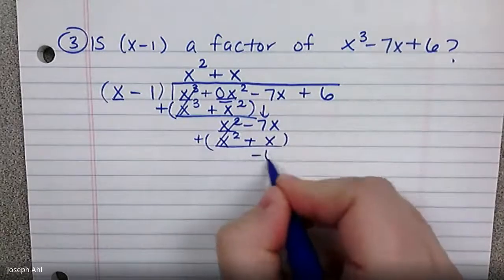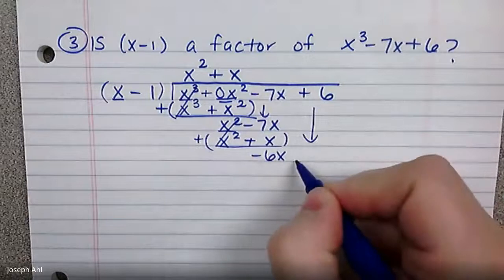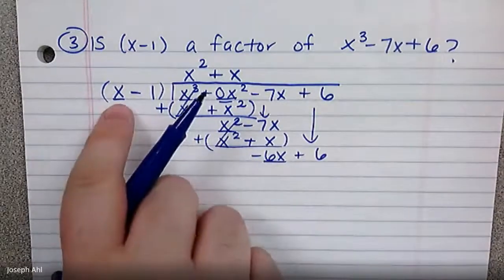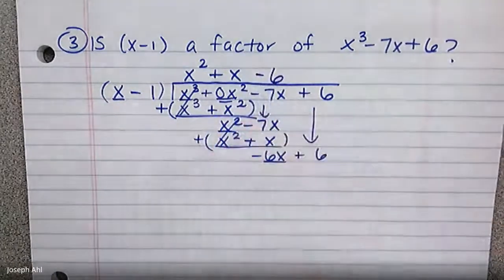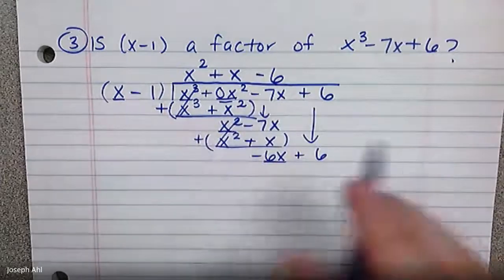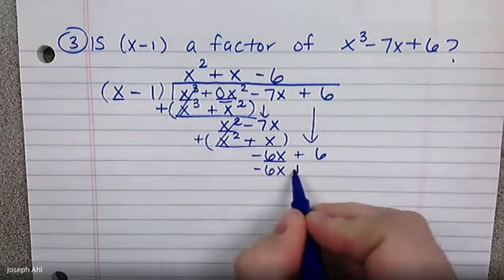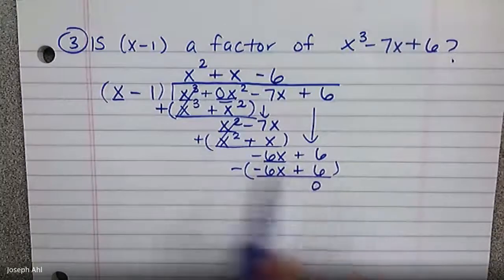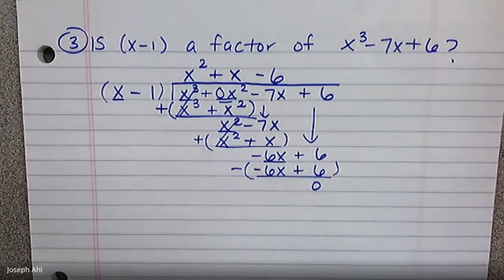So it's going to be a negative 6x. Bring down the plus 6. One more step here. Negative 6x divided by x is minus 6 at the end. So take that negative 6, distribute it back through to get negative 6x plus 6. Subtract that from above, and since those binomials match identically, yeah, the remainder will be 0.